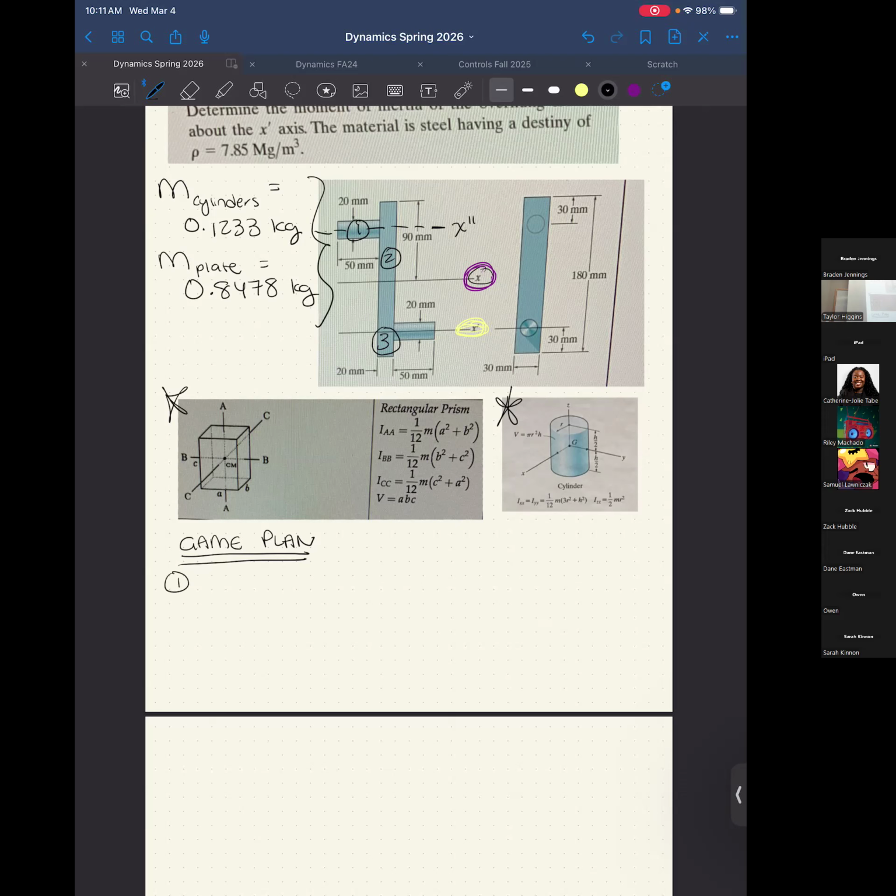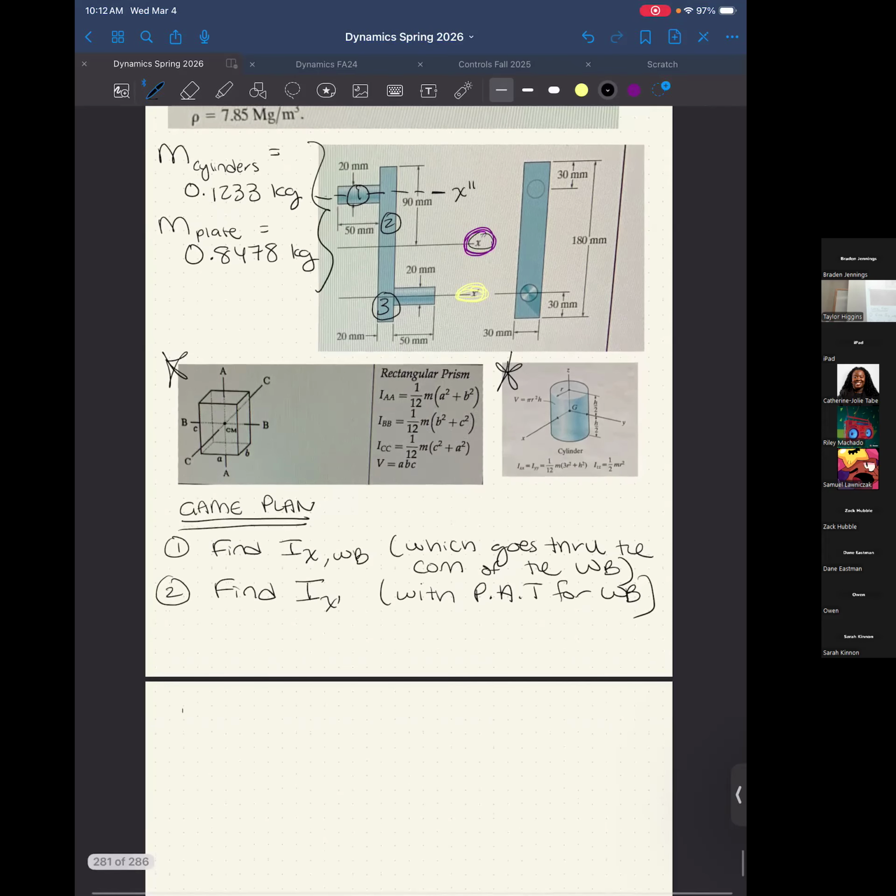The first is to find IX of the whole body, which goes through the center of mass of the whole body. And then two, in a second step, use parallel axis theorem for the whole body to find IX prime.